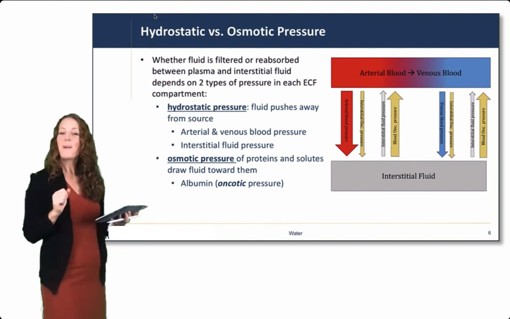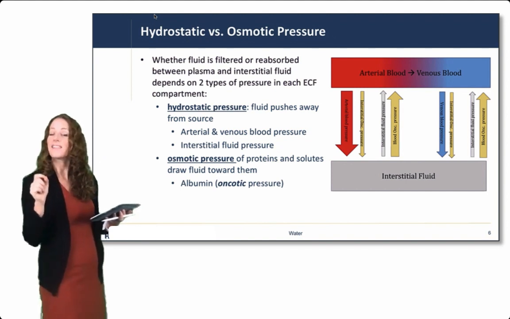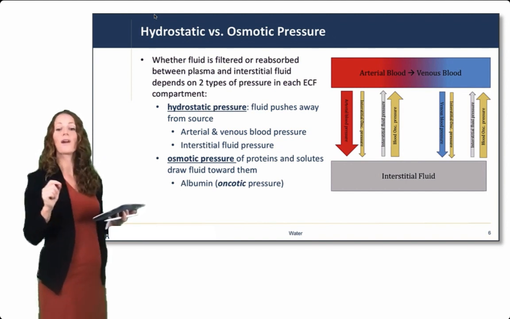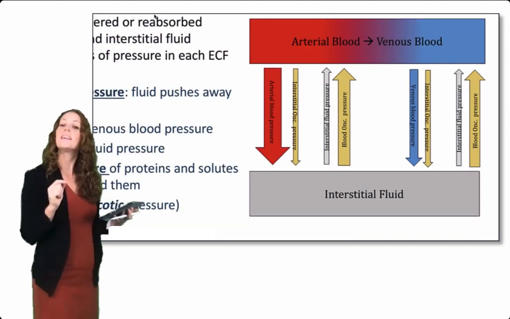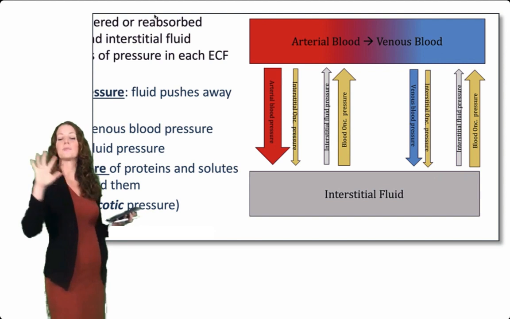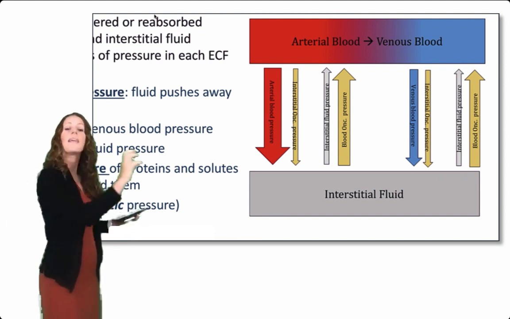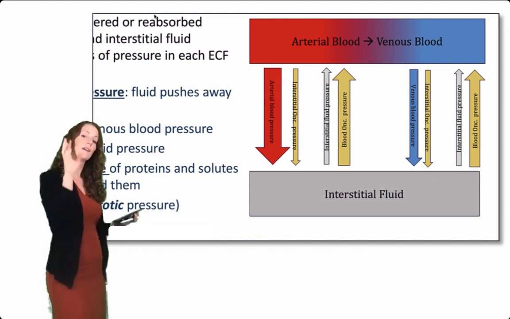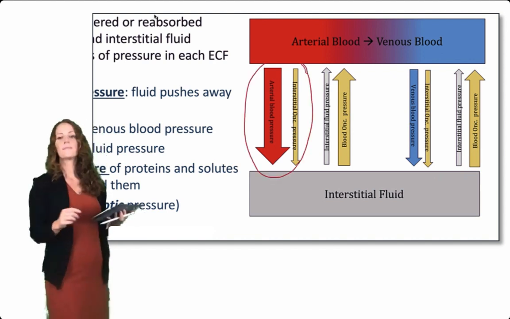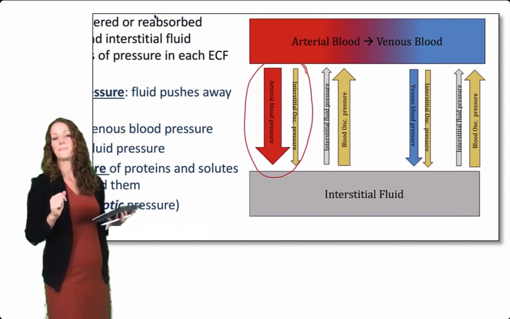I've created a little model here. Let's look a little more closely at this, and hopefully you'll be able to draw your own when we're done discussing this. So here what you see is that we're looking at the capillary with respect to the arterial side and the venous side. On the arterial side, we need to consider arterial blood pressure and the presence of albumin.